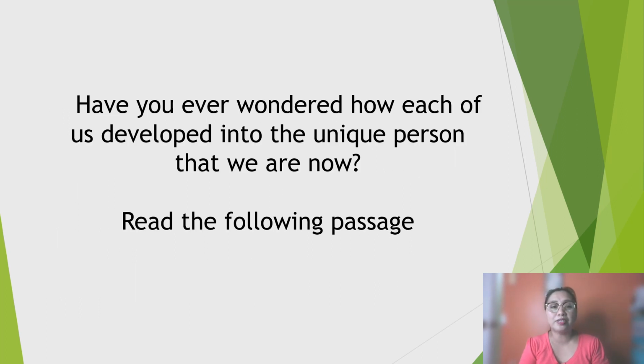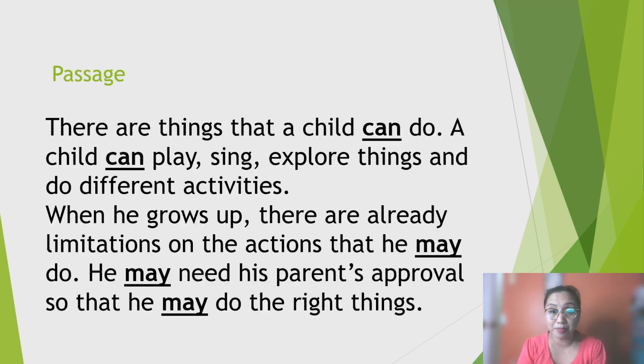Now let's move on to another lesson. Now, have you ever wondered how each of us develop into a unique person because we're not the same, right? We're very unique to each other. Now, I want you to read the passage with me. Okay. There are things that a child can do.